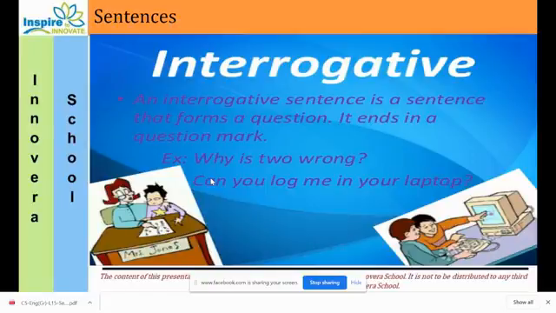If the verb is in first form, singular form, simple present tense, it might be likes, like, or something. If it is singular, it will come like does like.